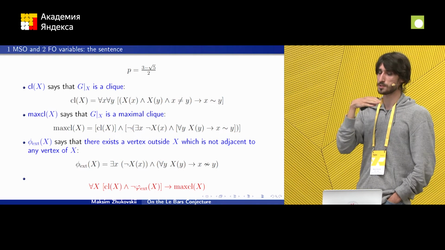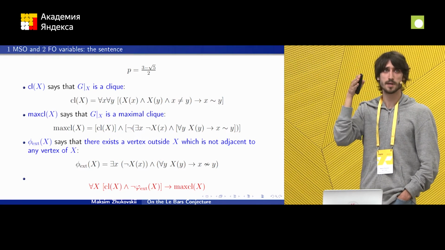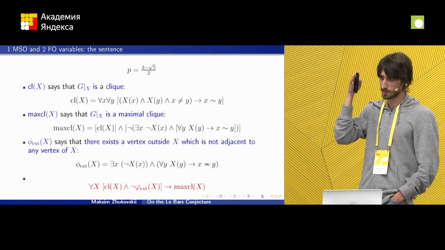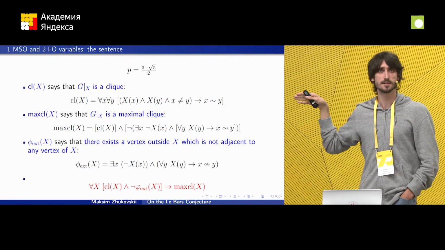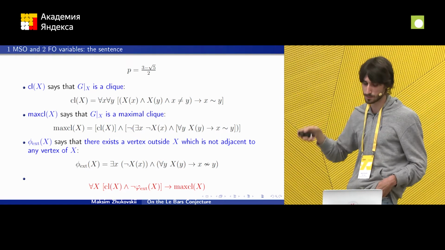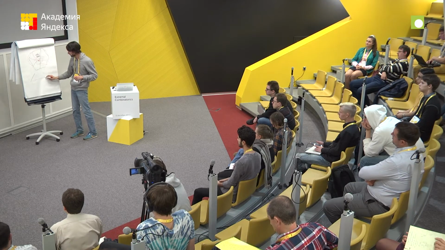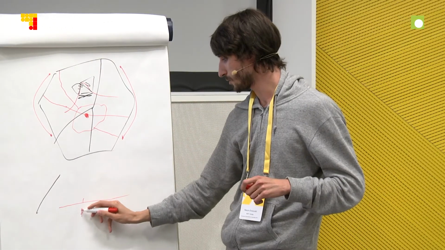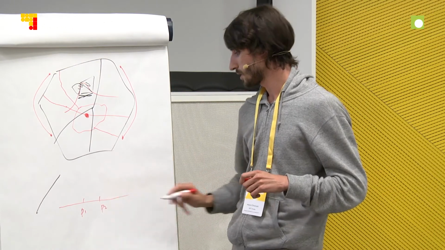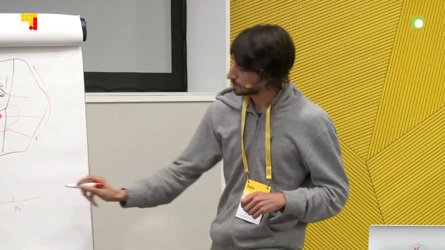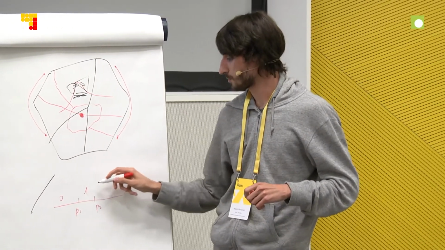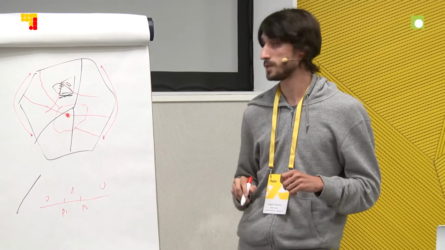It tends to 0. At some moment it begins tending to 1, and then it again tends to 0. So there are two moments when this asymptotic behavior changes, say P1 and P2. Here the asymptotic probability is 0, here it is 1, and here it is again 0.